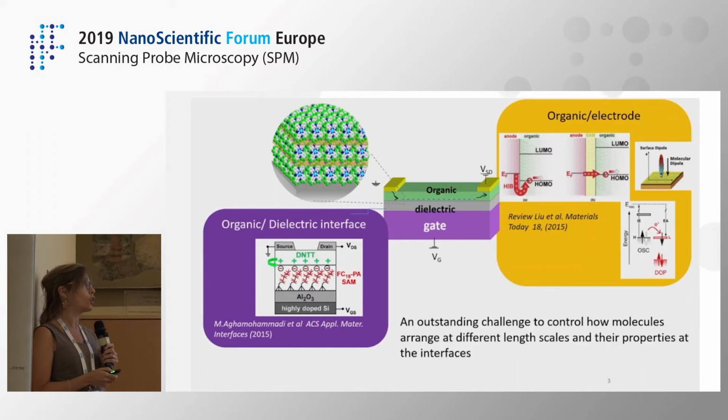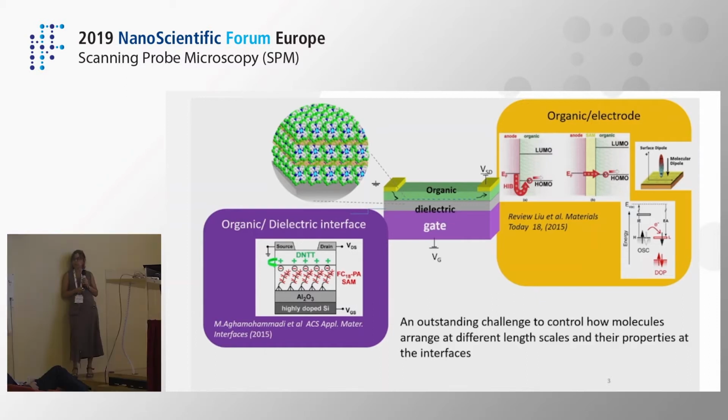And also a very common strategy has been the use of self-assembled monolayers with a permanent electrical dipole to tune and adjust the work function to have an ohmic injection in the device, or more recently the use of molecular dopants inserted here between the electrode and the organic layer.